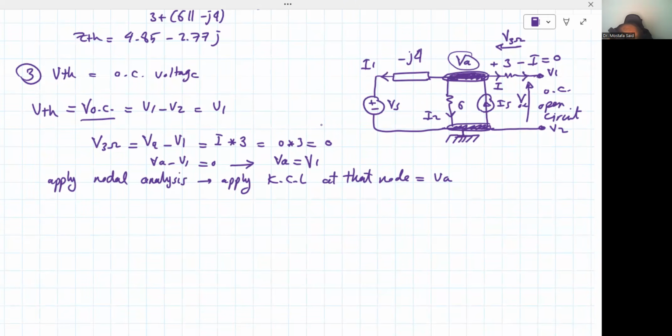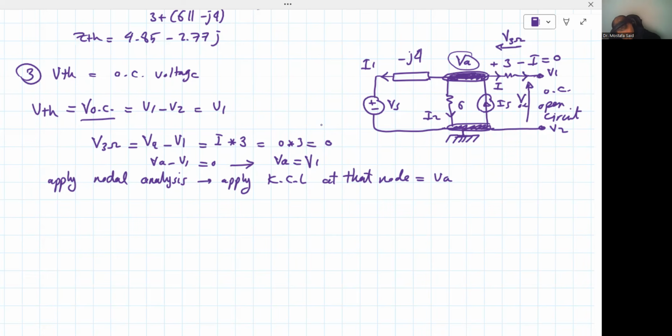Kirchhoff's current law says that the summation of the currents going into the node equals the summation of the currents going out of the node.